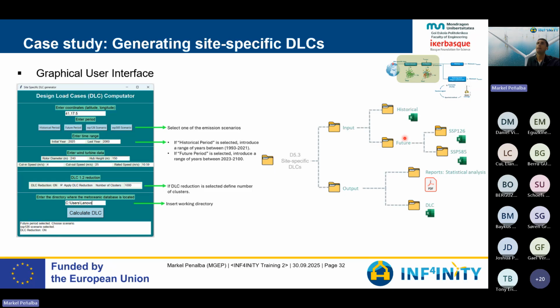So you will find the hourly information of the waves, the winds, the currents, the sea level, and so on. And the outputs provide, first of all, statistical analysis or reports on the statistical characteristics of each site you select, and also an Excel file or a CSV file with all the definition of the DLC conditions, including, if you select so, the reduced set of environmental conditions with the number of clusters you decide to select.